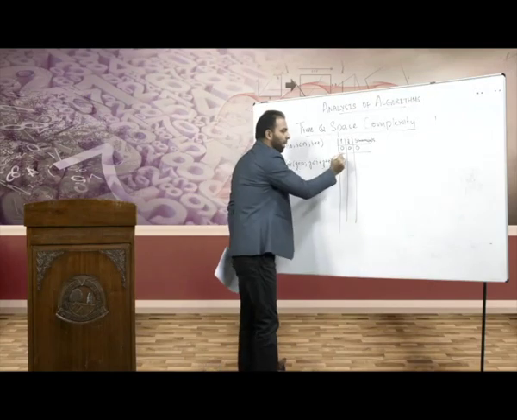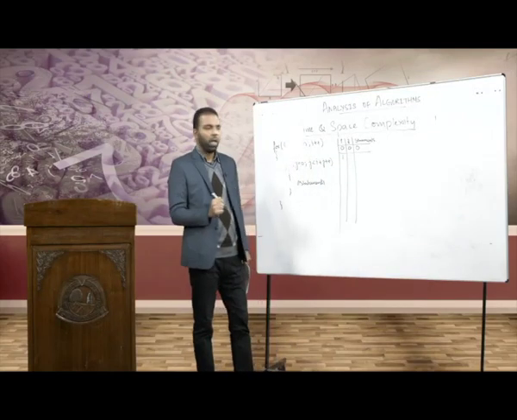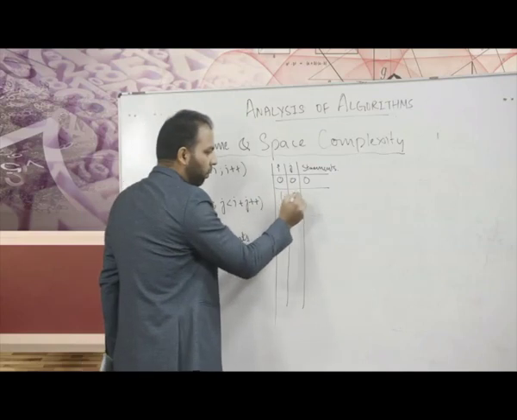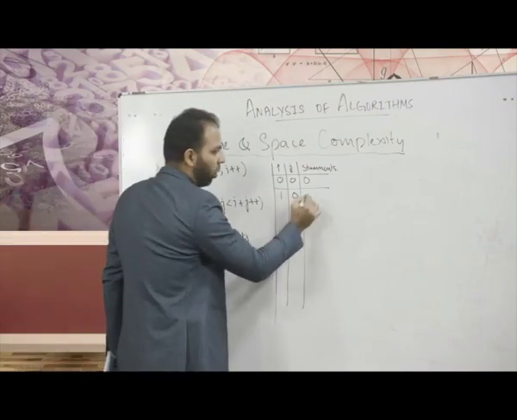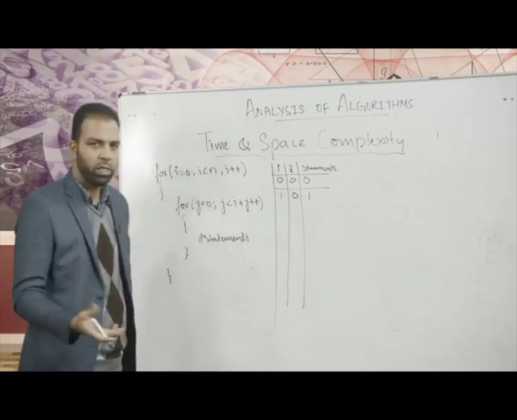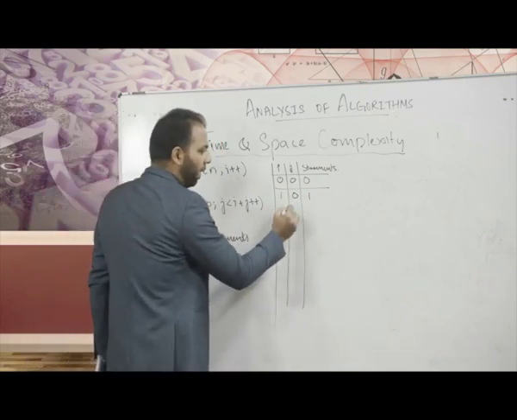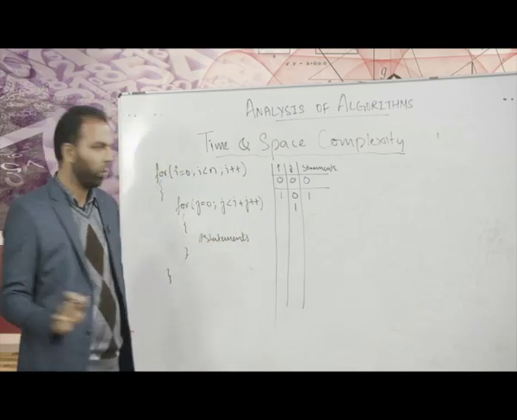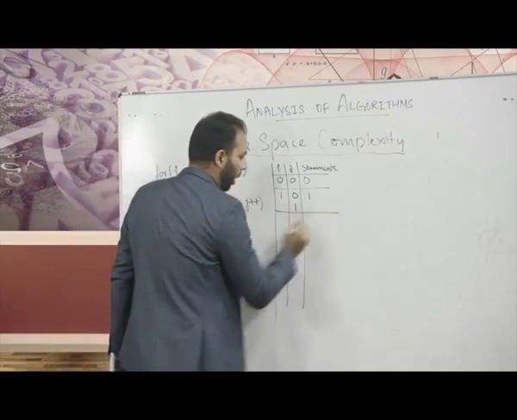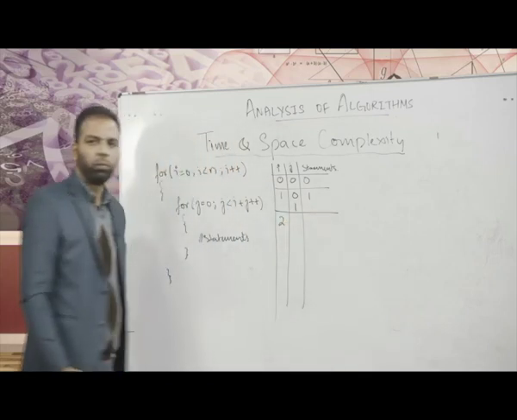Now when i becomes 1, j will initially be 0. It is less than i, so the number of times the statement is executed is once. Then j becomes 1. 1 is not less than 1, so the statement will not be executed. Then i becomes 2, fine.